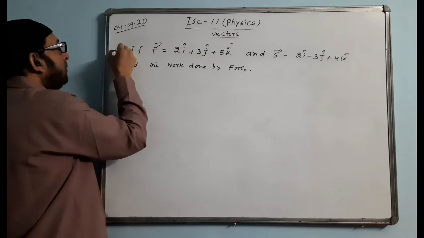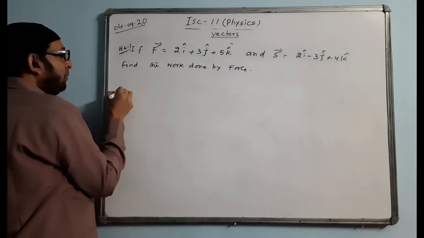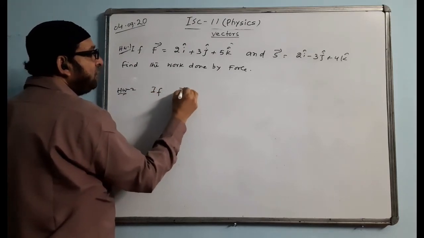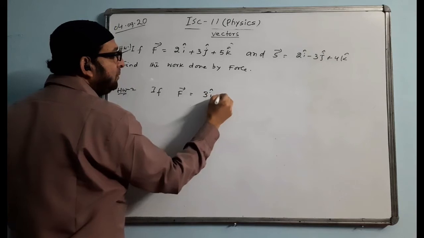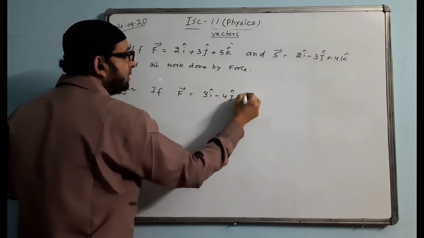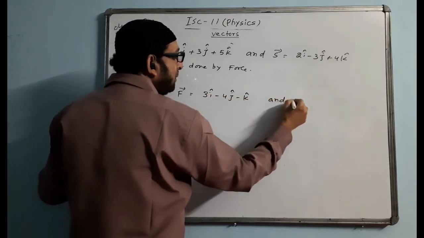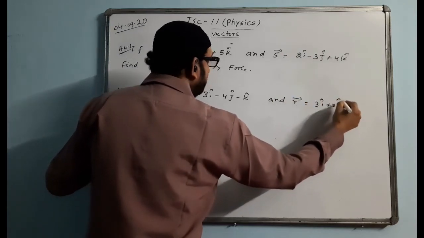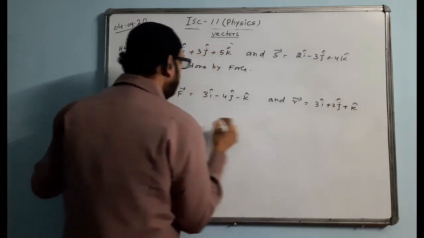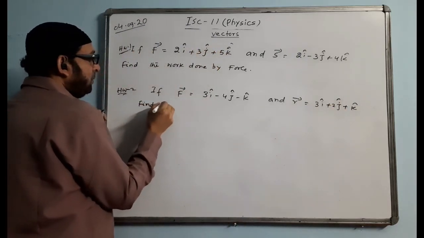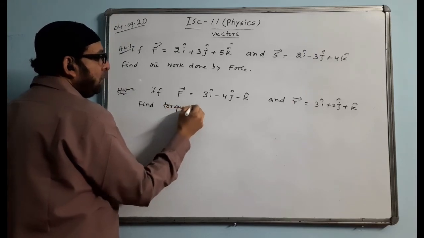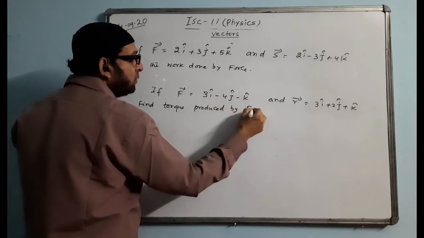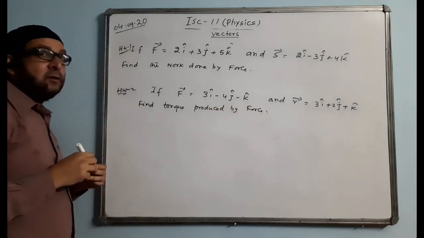This is homework 1. Homework number 2: if F equals 3i minus 4j minus k and r equals 3i plus 2j plus k, find the torque produced by the force. Okay, these two questions are your homework.